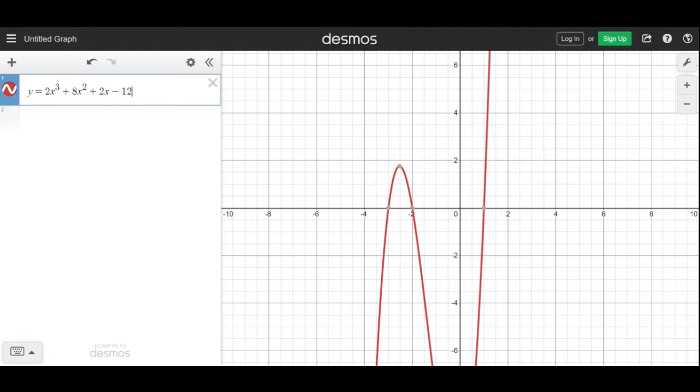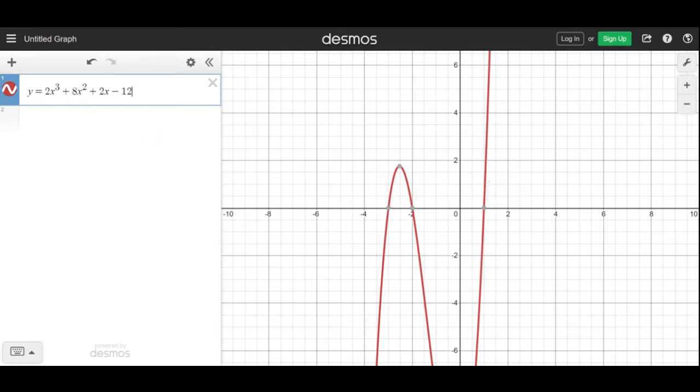The highest power, or the degree of this equation, is 3. So we're supposed to have 3 zeros: 1, 2, 3. They are all passing through, so the multiplicity is 1. So again, you have 1, 2, 3 zeros and it's just passing through.